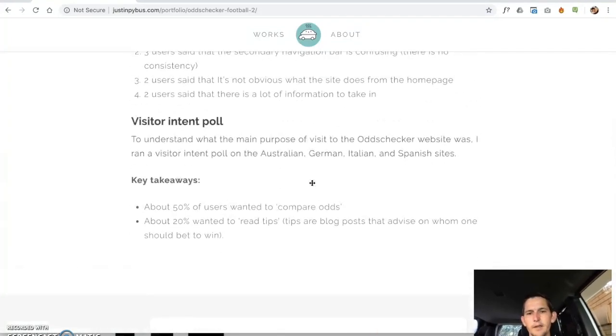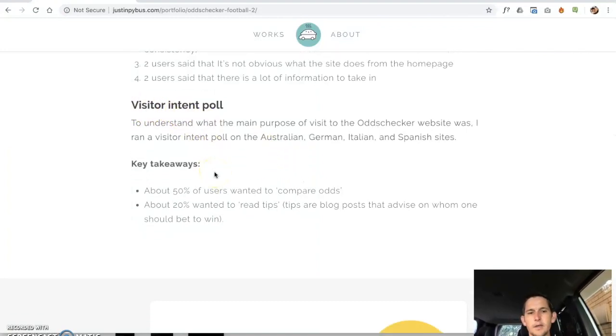We also then ran a visitor intent poll. So basically that's asking customers, what is the purpose of your visit today? And you run that sort of feedback poll on the homepage, and you try to run it until you get about 500 responses, so that it's statistically significant, that it's actually representative of what your entire population on your website actually feels.